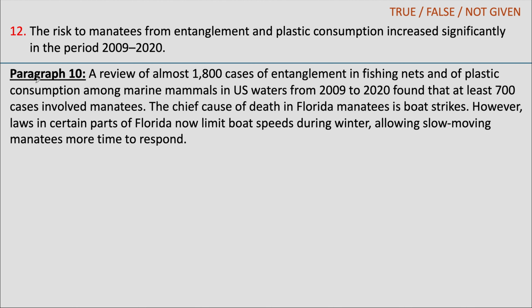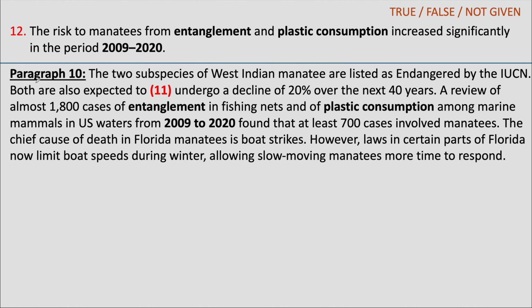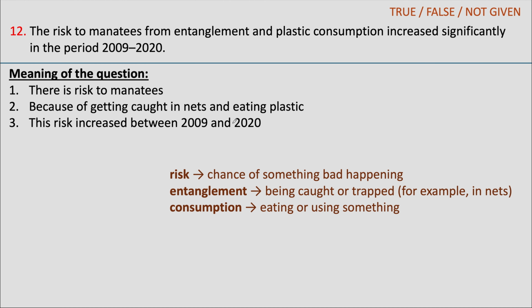Here's question 12. Pause and try to find the answer. Let's check. The information is in the same paragraph as the previous question. Keywords like entanglement, plastic consumption, and the years 2009 to 2020 help us confirm the location.